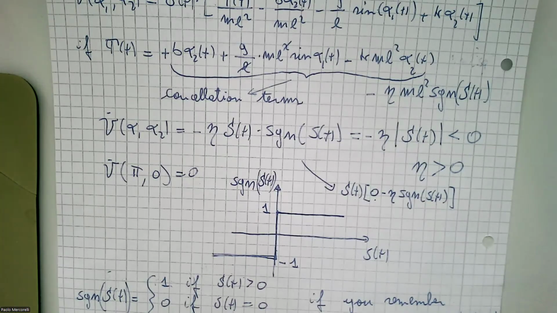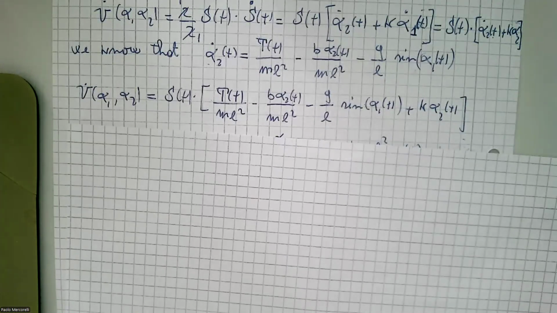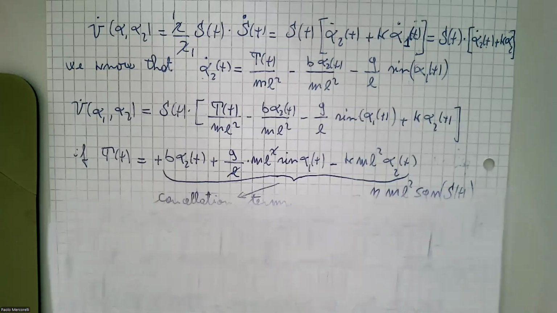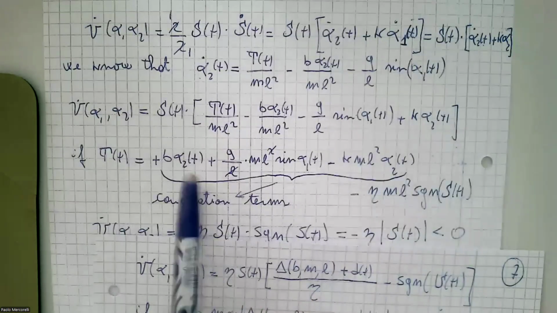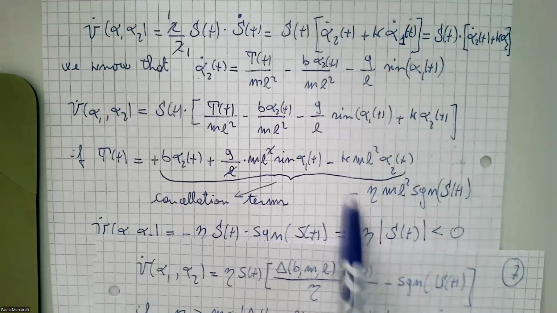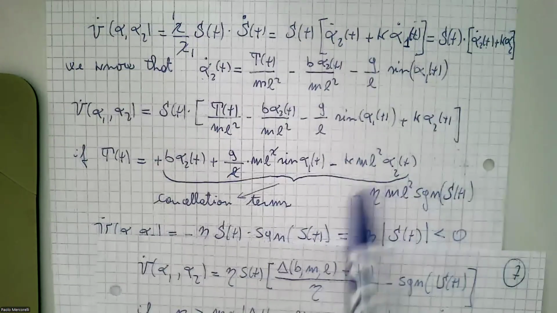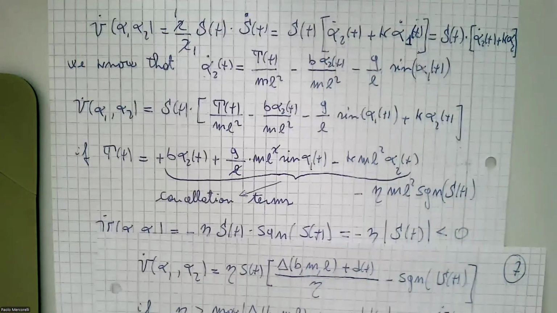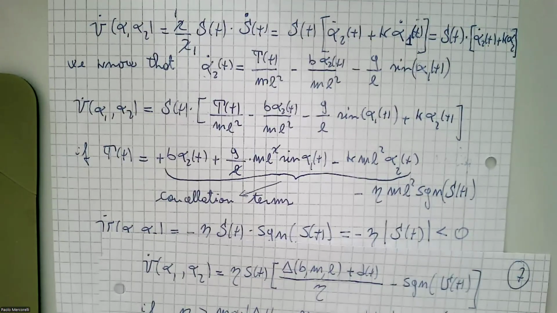Let me now take a rest, 10 minutes, as before, and then we will open MATLAB to apply this control law, which consists of this cancellation term and of the minus, algebraically plus, this switching part, to stabilize, for instance, the point pi, 0.